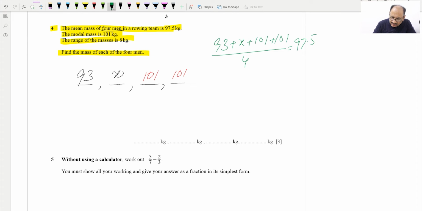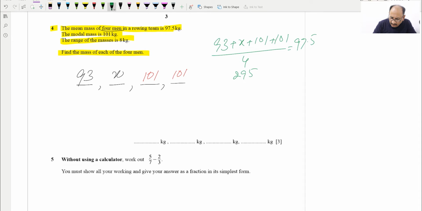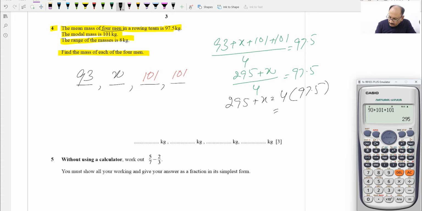So we can write 93 plus 101 plus 101 will give us 295. So 295 plus x over 4 is equal to 97.5. Further we can cross multiply, so 295 plus x is equal to 4 into 97.5, and 4 into 97.5 will give us 390.